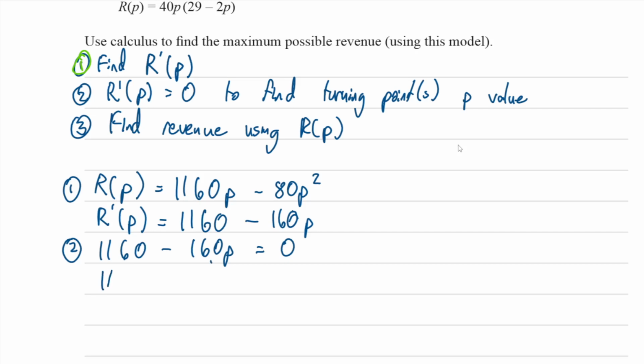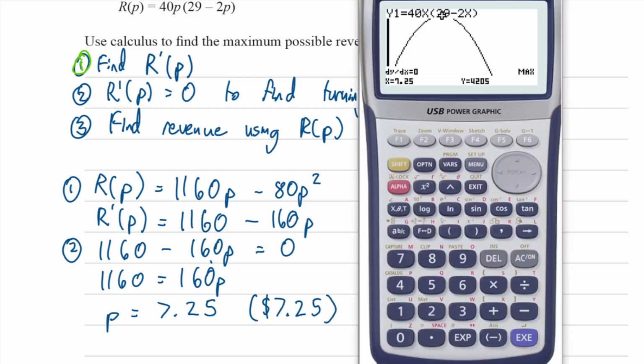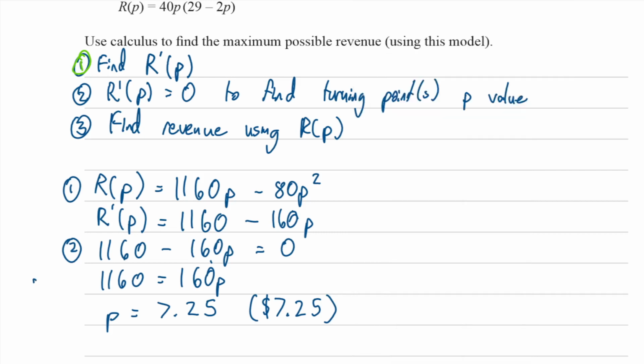We'll add 160p on both sides, then divide both sides by 160 to get p equals 7.25. Which is what we got by graphing it initially. So that's looking good. That price, $7.25, will correspond to the maximum.